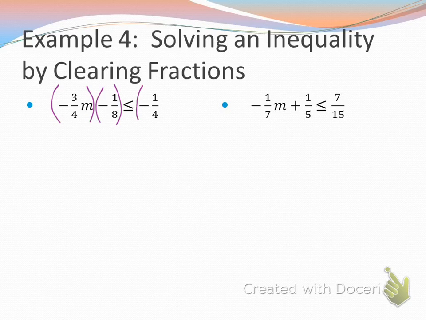Well, what's the LCD? 8. It's 8. So I'm going to multiply every term in here by 8. Every term in here. So 4 and 8 cross-reduce to a what? 2, so -6m. 8 and 8 completely reduced, so that's just -1, is less than or equal to -1/4.